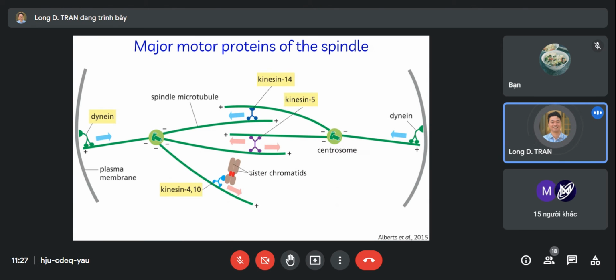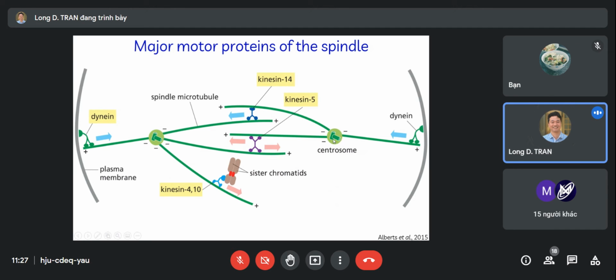Probably we have actin in here. So kinesin 5 can slide the microtubule, and therefore when it walks toward this plus end and this plus end, it will push the microtubules further apart, and it pushes the two centrosomes further away from each other.